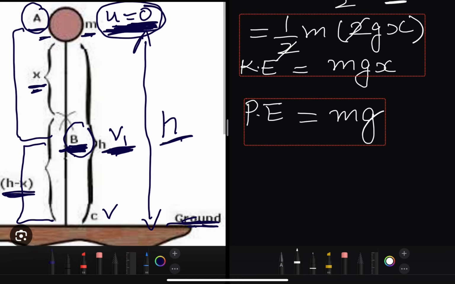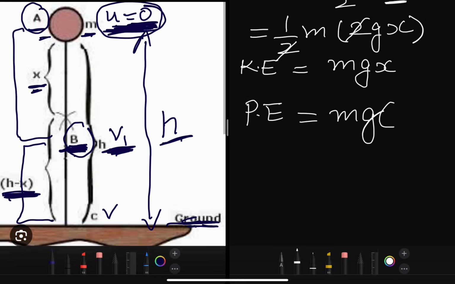Distance that is from the ground. What is the distance of the point from the ground? It is H minus x. So can I replace here h with H minus x? Because this is the distance of the object from the ground. So potential energy is mg(H minus x).